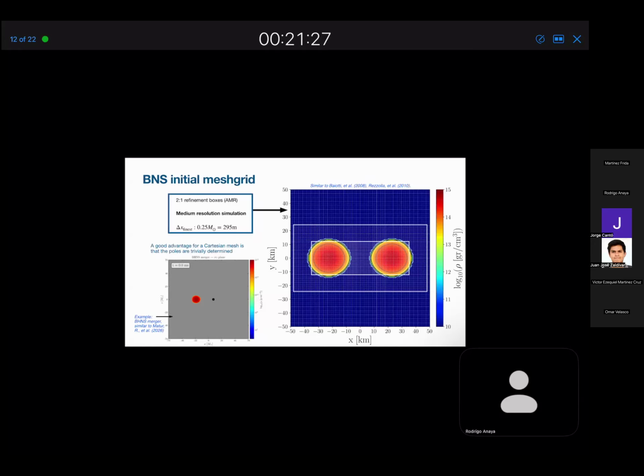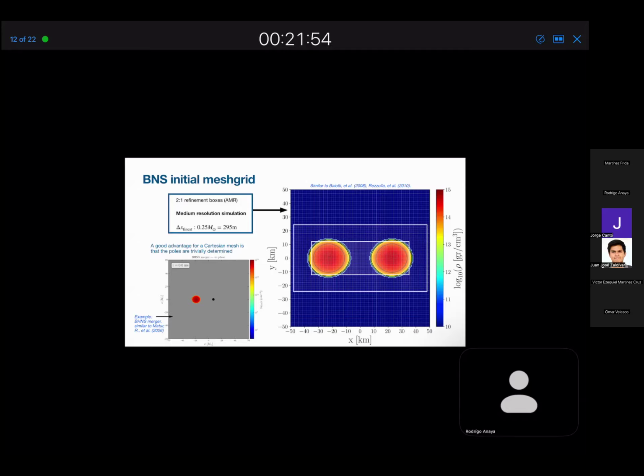A good thing when using the Einstein Toolkit is that we use a Cartesian mesh grid, which allows us to recover in a good way the poles, so that, for example, we can post-analyze the ejecta or outflows, if we have our system in the configuration to do so.